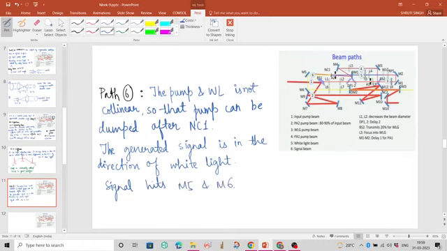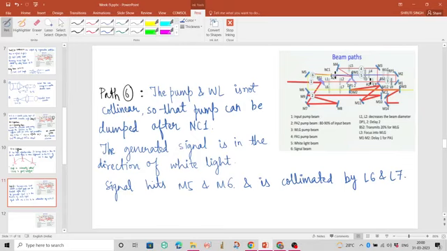And then again we have a relay lens L6 and L7 to collimate the signal. It is collimated and then focused on a dichroic mirror, DM2.